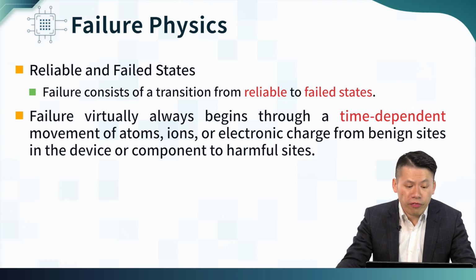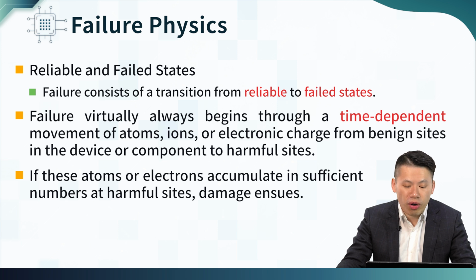Failure virtually always begins through a time-dependent movement of atoms, ions, or electronic charge from benign sites in the device or component to harmful sites. If these atoms or electrons accumulate in sufficient numbers at the harmful site, damage can happen.